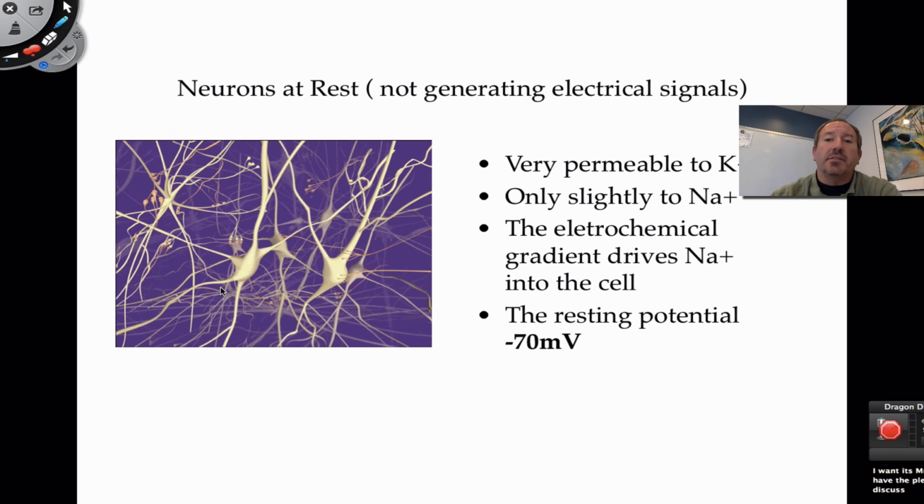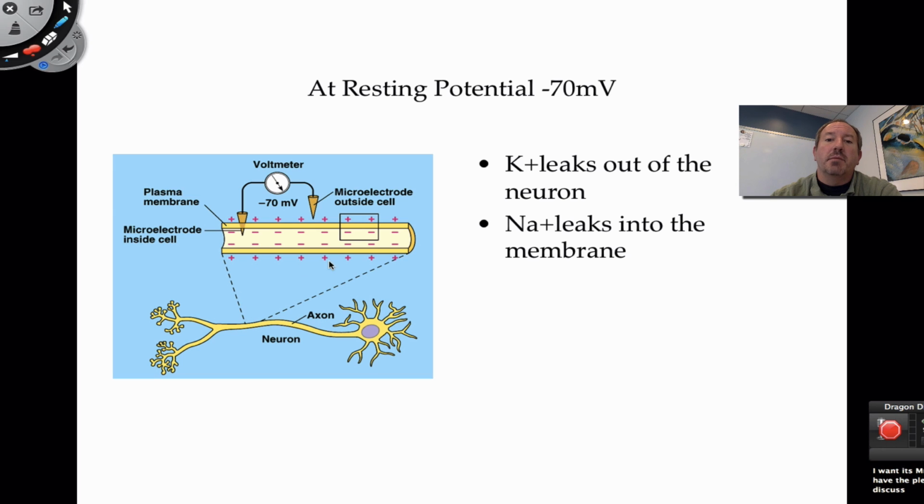So it's pretty negative inside the cell, and the cell works hard to keep it that way because, again, it's negative 70 on the inside. So if you had a voltmeter and you were able to check it, it would be negative 70 on the inside. It works hard because, as it turns out, potassium's kind of leaking out, so the cell has to work hard to pull the potassium in and push the sodium back out.